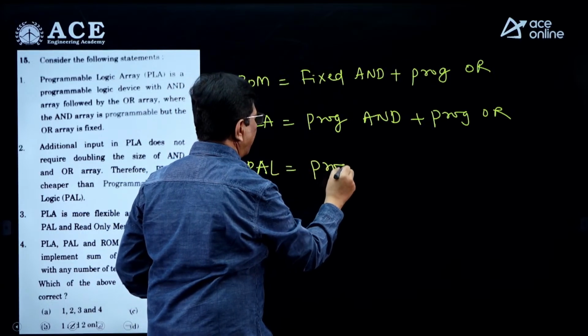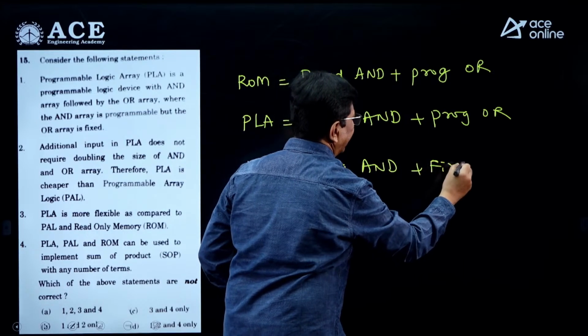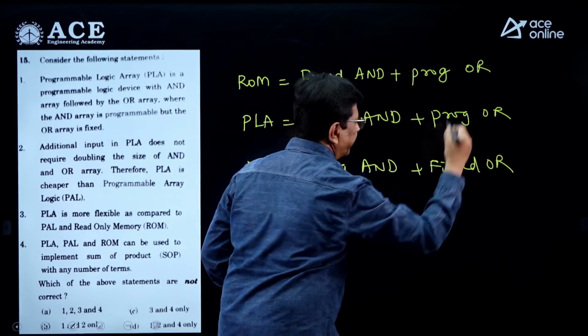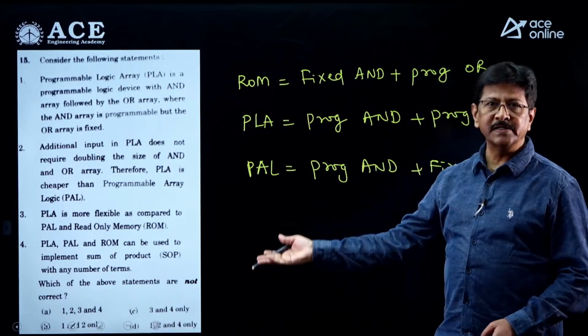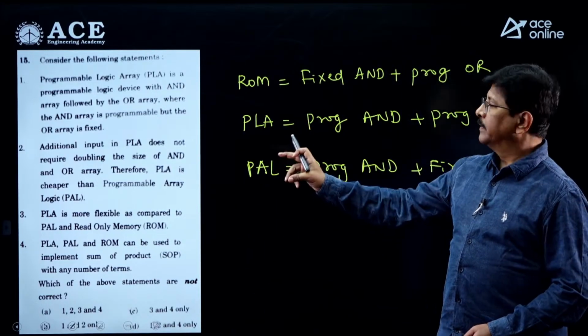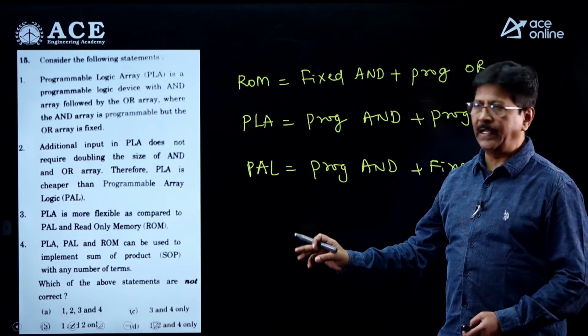PAL is programmable AND plus fixed OR. So if you remember these principles, it's very easy to answer all these questions. In this one, the correct answer is B, that is 1 and 2 only.